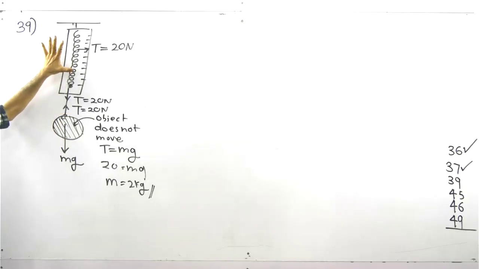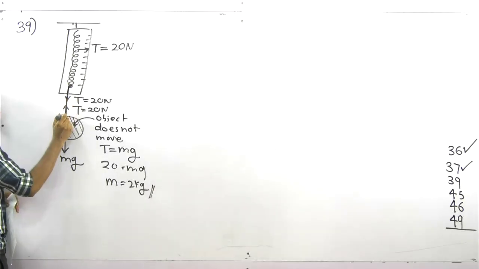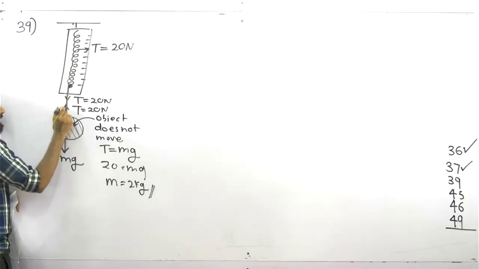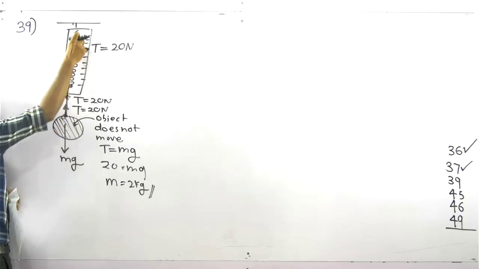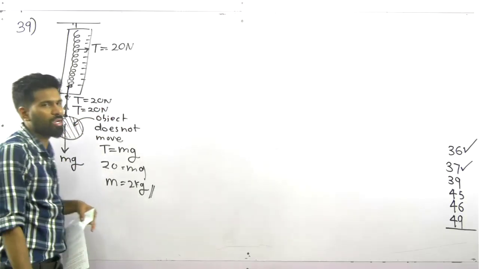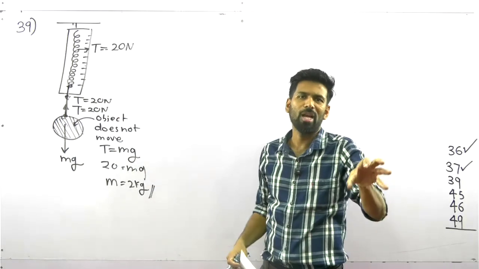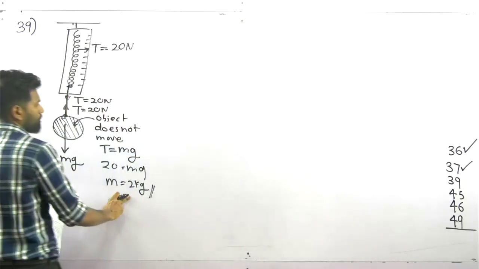When the weight is attached, it has mg downward. To balance it, the rod with tension attracts the connected point towards itself, T, upward. On the other side, the tension attracts the spring downward, T, and it is the reading. So if the reading is 20, all these T values are 20, and from the equilibrium of the object, mg is also equal to 20, so m is 2 kilograms.